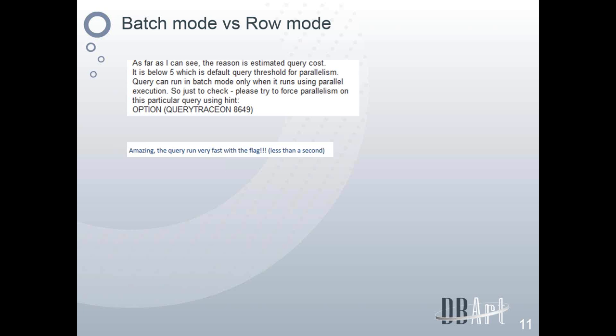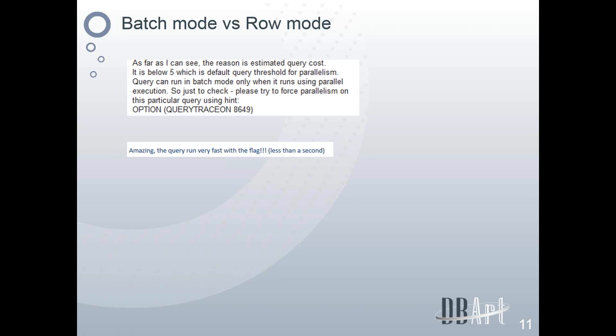He uses it mainly for demo purposes, but since you can enforce the flag on a single query level, it's much safer for usage. You don't enforce it on an instance level or even on session level. It's just for a particular query which you know can benefit or can't benefit from parallel execution.